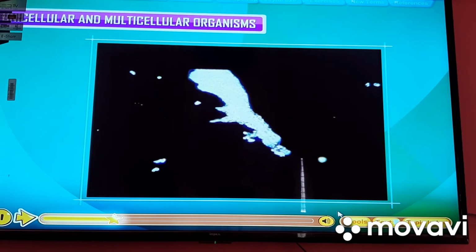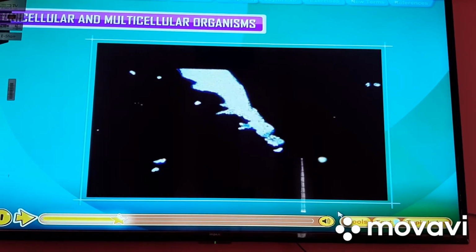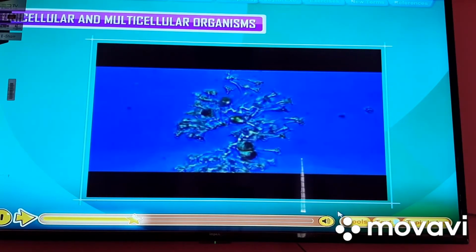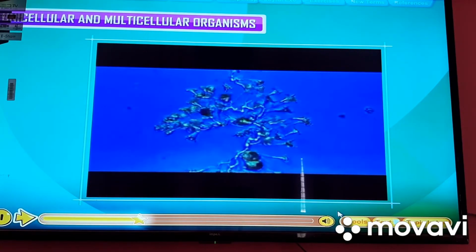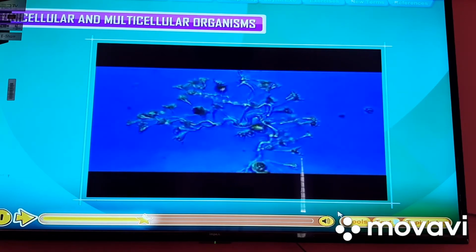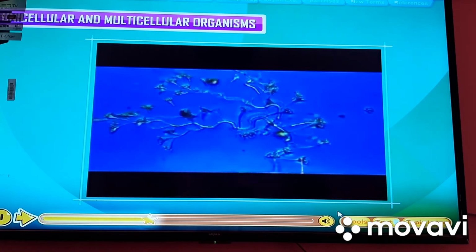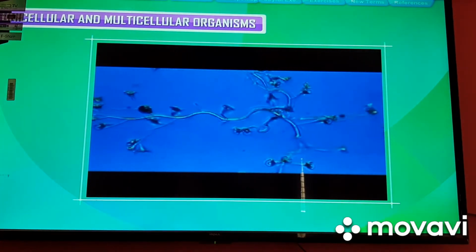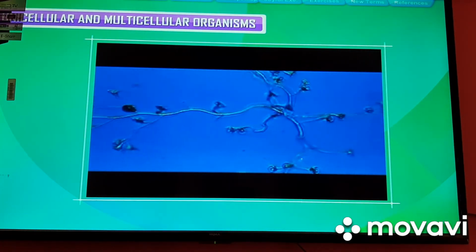All the basic functions of a living being like respiration, excretion and reproduction are performed by one cell. For example, amoeba is a unicellular organism. It performs all the functions like taking in food, ingestion, digestion, respiration, movement, growth and reproduction.